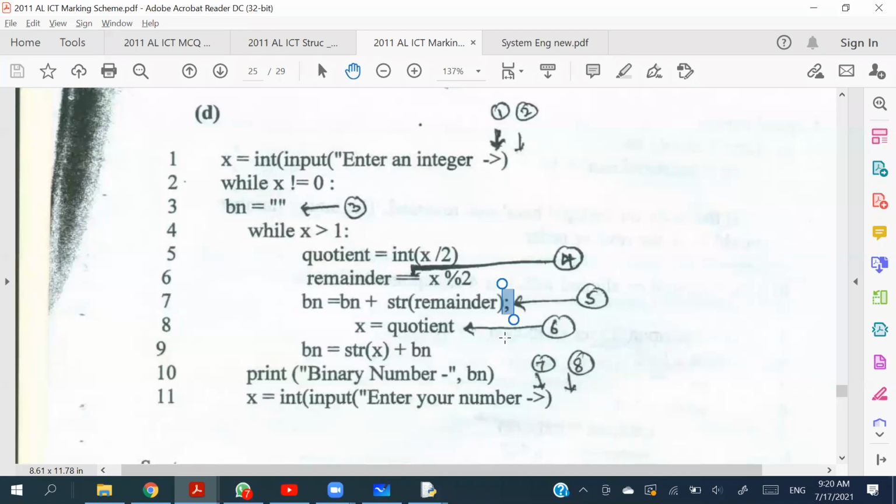If you don't put the semicolon in Pascal, definitely it's going to be a syntax error. But here in Python, they are not popping this up as a syntax error. They are accepting it.